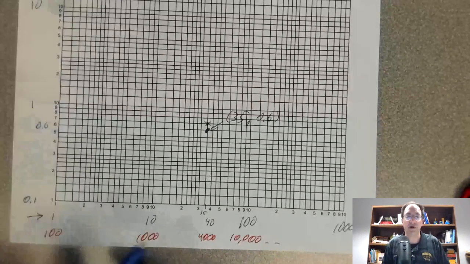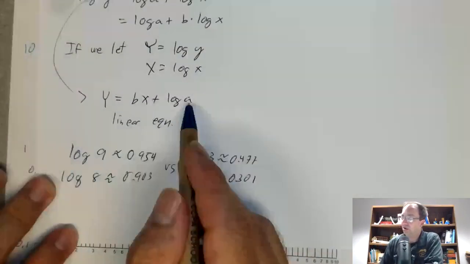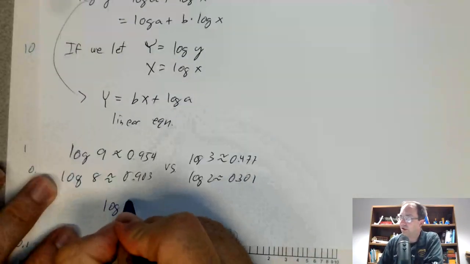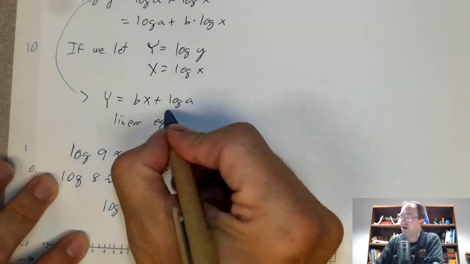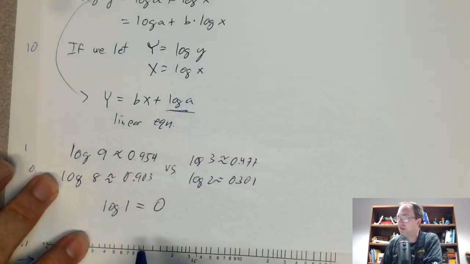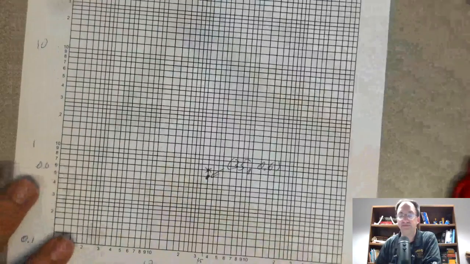So there is no 0 axis. But if you think about it, the log of 1 is 0, and so when I'm trying to find an intercept in a moment, I'm going to use the fact that the log of 1 is 0, so the 1 axis is going to play the role of the 0 axis in a traditional graphing problem.